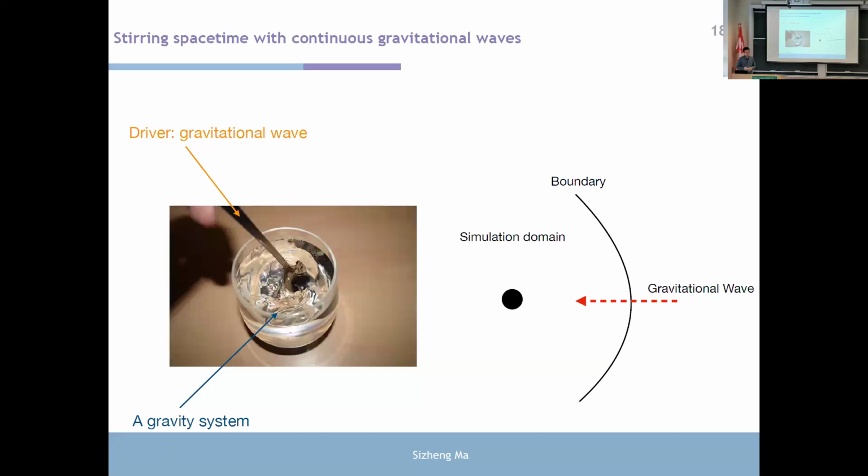Here we hope that the same intuition could apply to the gravity scenario as well. If we continue to use the gravitational wave to stir a spacetime, maybe nonlinearity could build up and lead to some interesting phenomena.